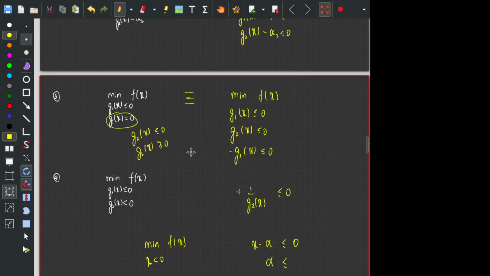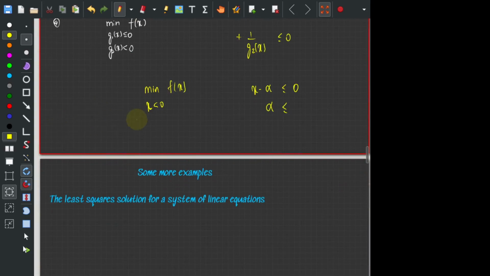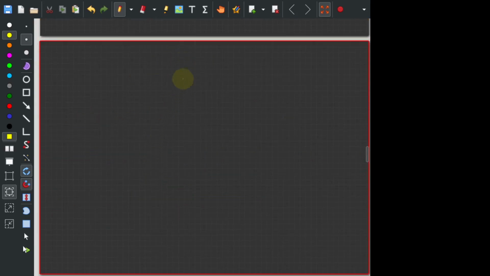For example, let me take the following problem where f of x is x square, and my constraint is x strictly less than -1.